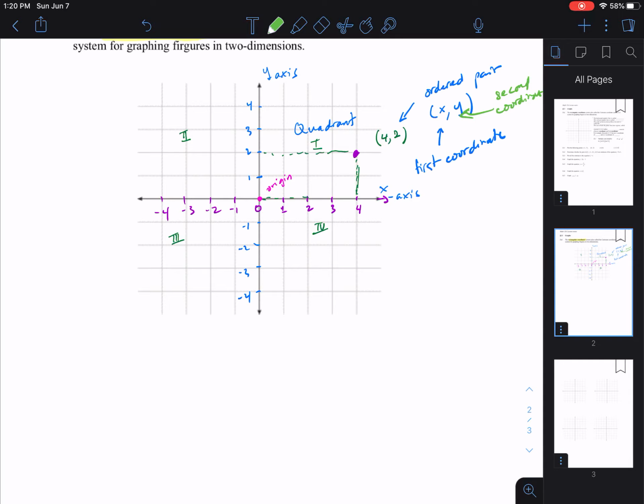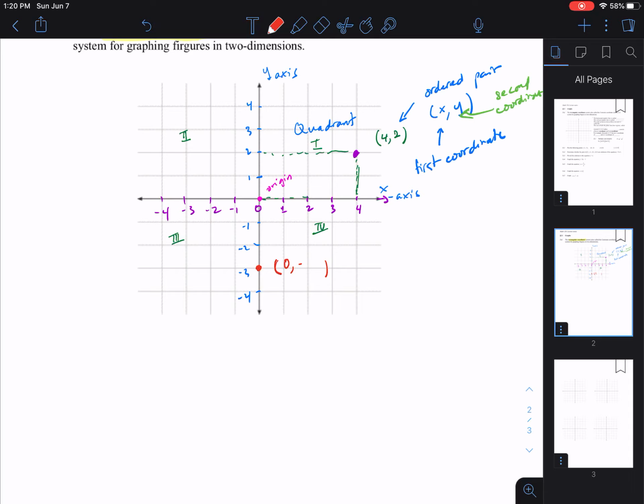Let's see here. So if some points are not in these quadrants, let's say we have another point. Let's use this one right here. That point there will have no horizontal units at all. It's right in the middle. So it's going to have the x coordinate as 0, but it's down 3 units from the horizontal axis.